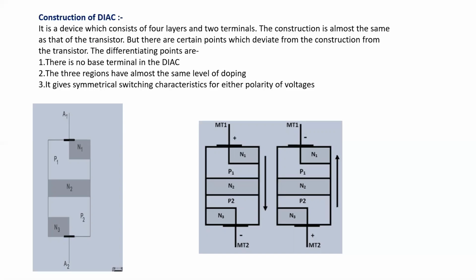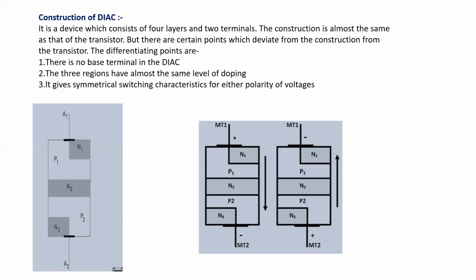This particular device doesn't have any base terminal. The 3 regions have almost the same level of doping. And one more thing, it gives symmetrical switching characteristics for either polarity of the voltage, that is, positive or negative. Here in this figure we are observing the terminals.